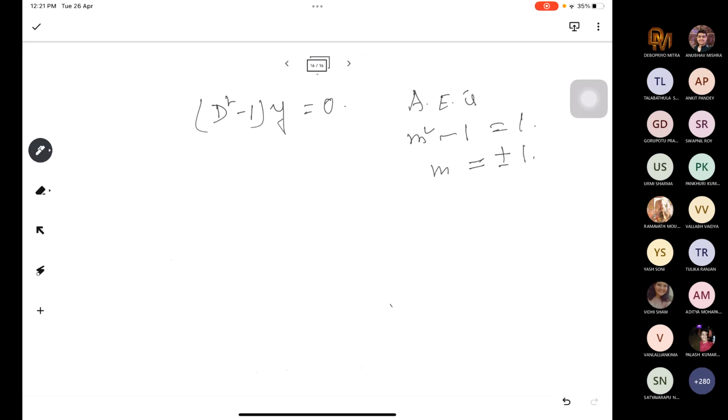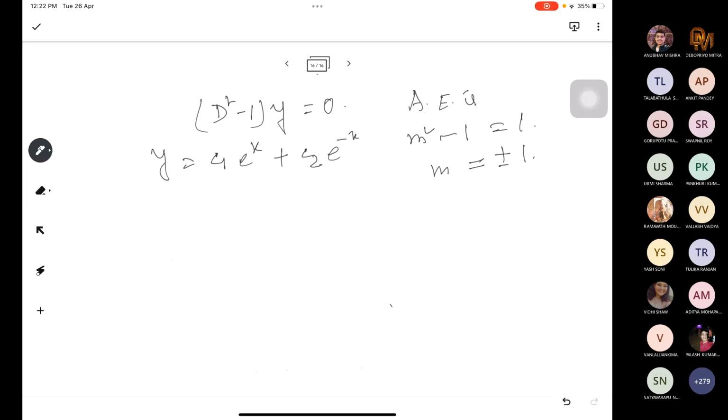So when this is the form, these 2 roots are real and unequal, so your solution will be C1 e to the power m1 x plus C2 e to the power m2 x. Ma'am, so then it will be exponential form, right? Yes.